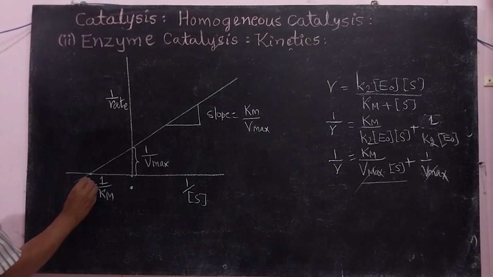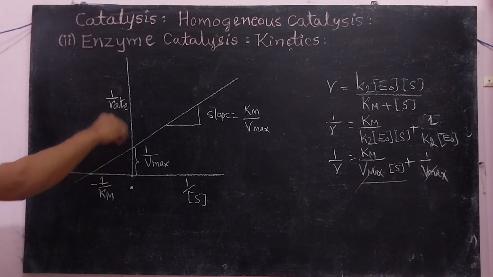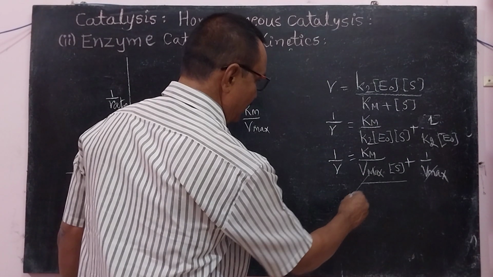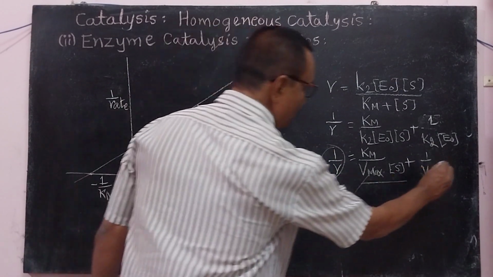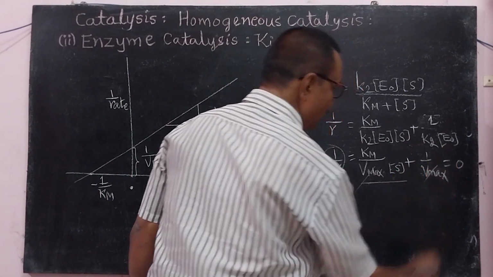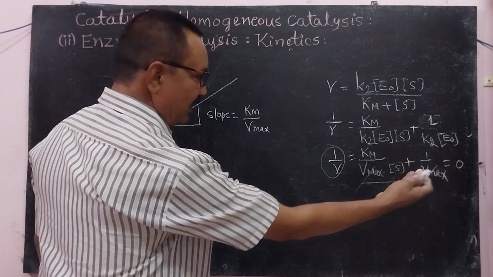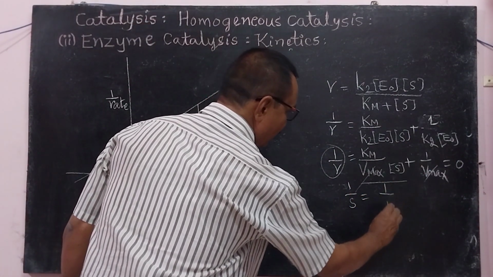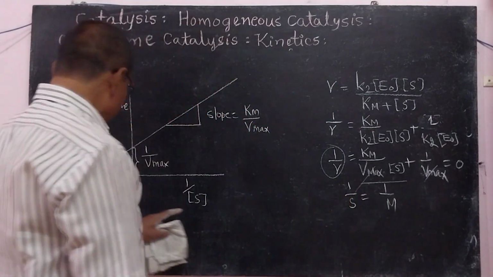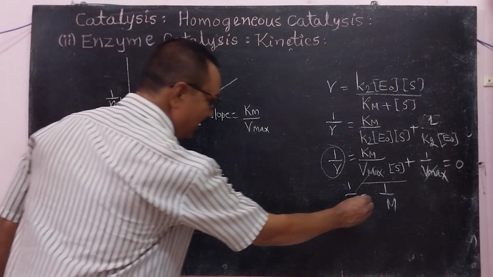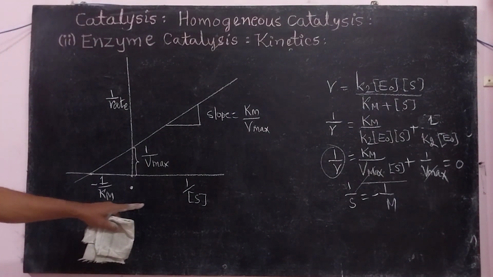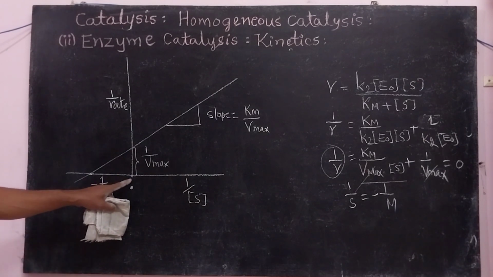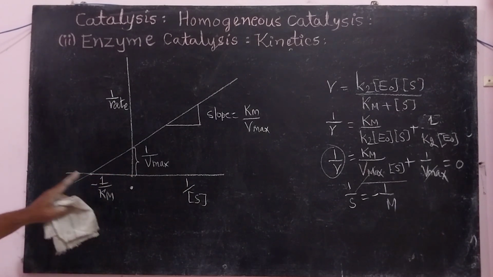How do you evaluate this? We make this equal to 0, then you can take this side, 1 divided by S remains 1 divided by Km, and it is a minus value. Here minus S and this is minus Km. This distance is 1 divided by Km.